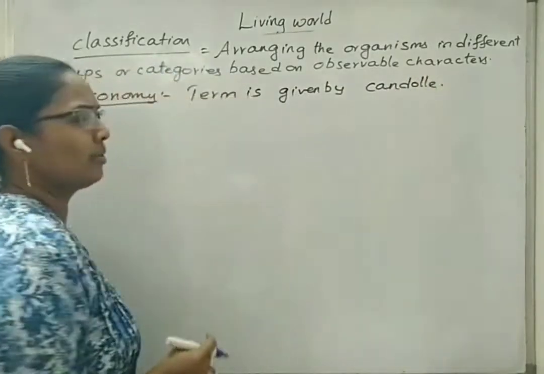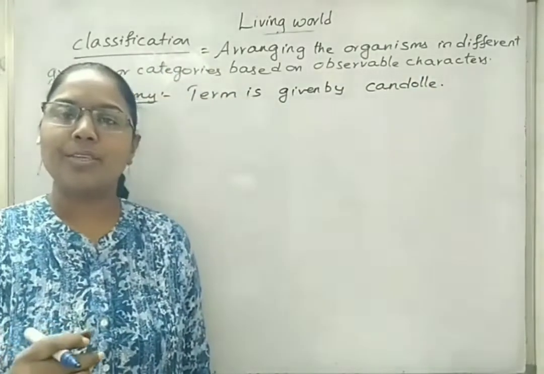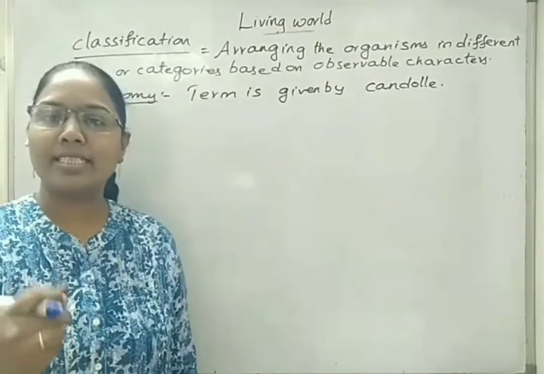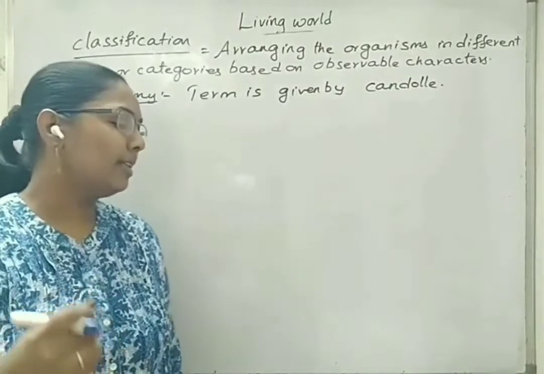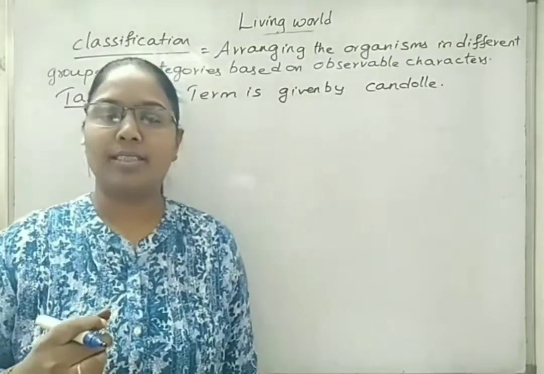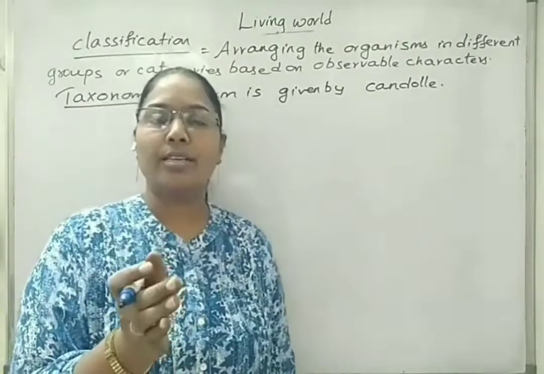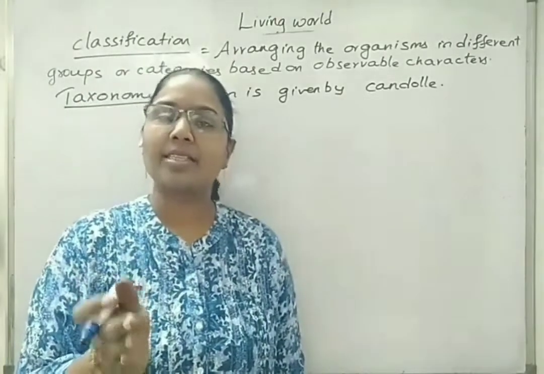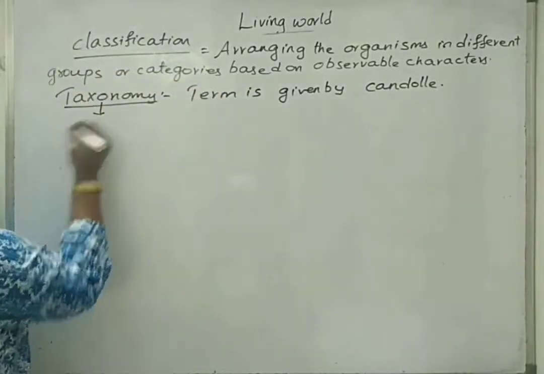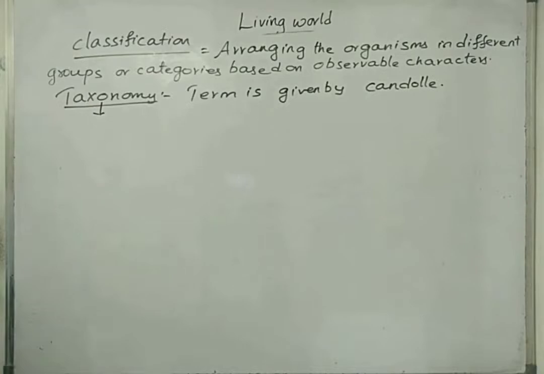Why do we need to classify the organisms? It was approximately given a number like there are nearly 1.7 to 1.8 millions of organisms that existed on Earth. We can categorize few organisms which are showing some of the similar characters into one group like that. So we have chosen taxonomy to explain the categorization of the organisms.